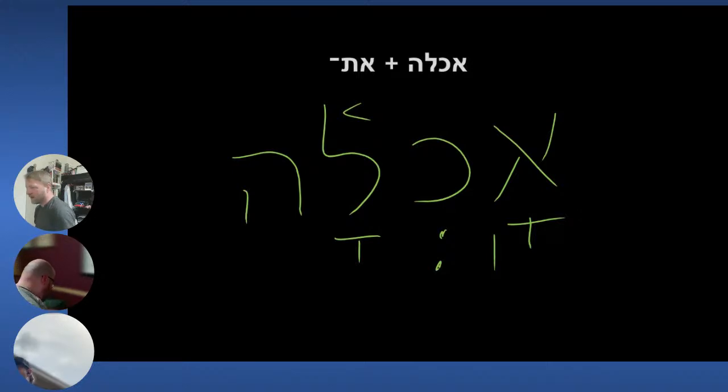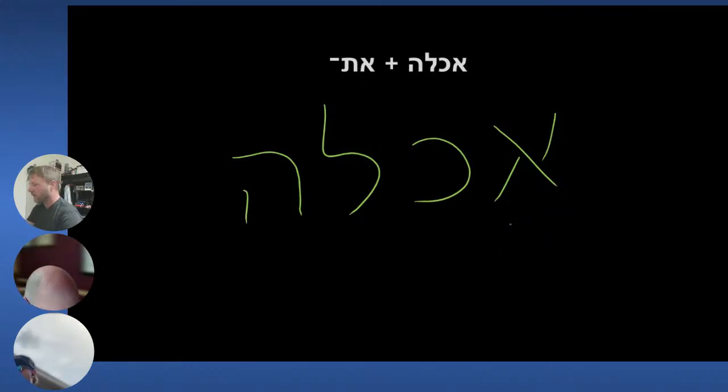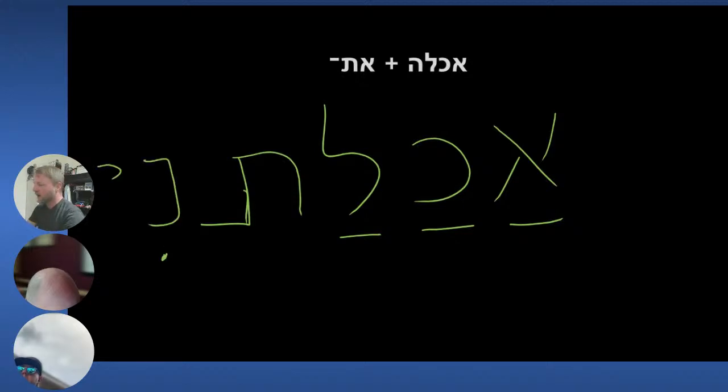Achala. Achla, she ate. When we add the suffixes, we're going to do it on the basis of that historical form, achalat. Okay? So we use that historical form, and then we add onto it like ni. So achalat, and the stress is right there. Achalatni.